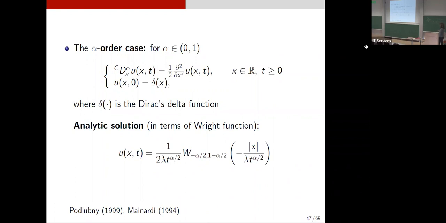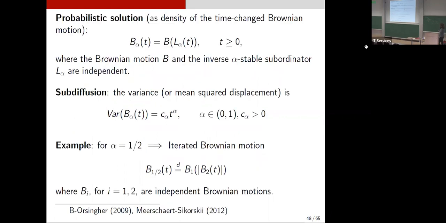In this case, we can still write the solution, the density of the process, for example, in terms of the Wright function or the Mainardi function, or another way. And we still have a probabilistic representation of the process as a standard Brownian motion time changed by this inverse alpha stable subordinator.